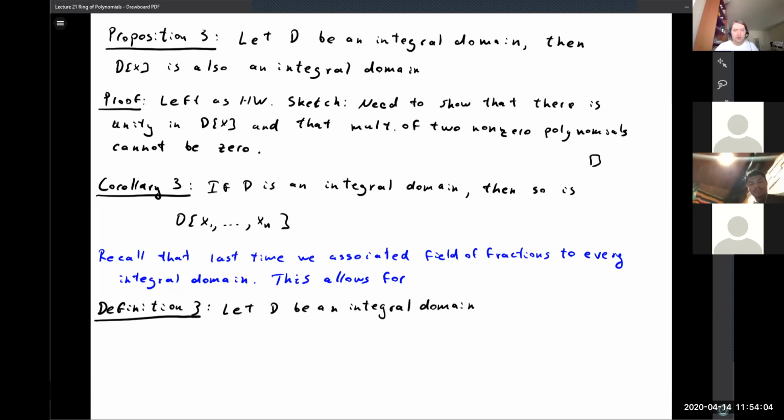Oh, sorry. We said that this is the field of quotients. So these two notions are synonyms, so I will use them interchangeably. Sorry about that.